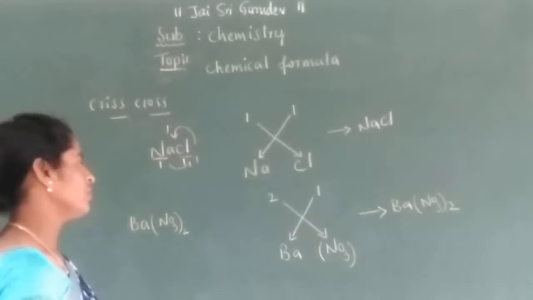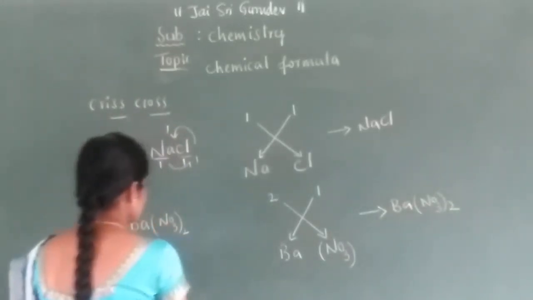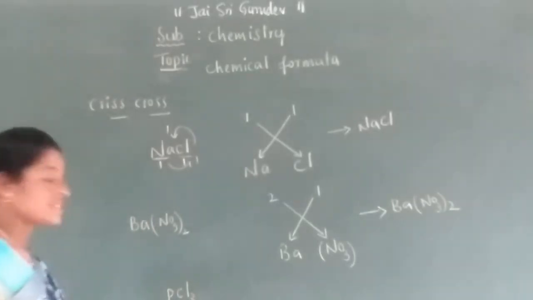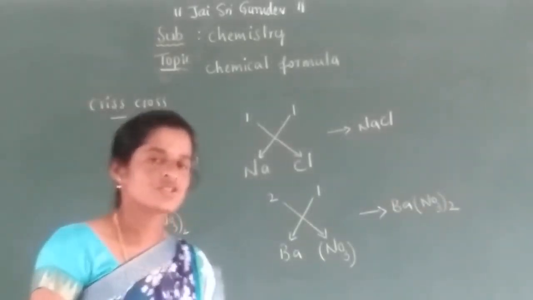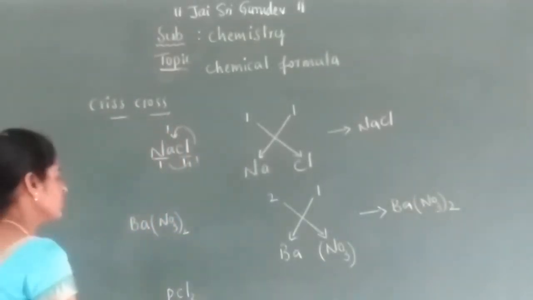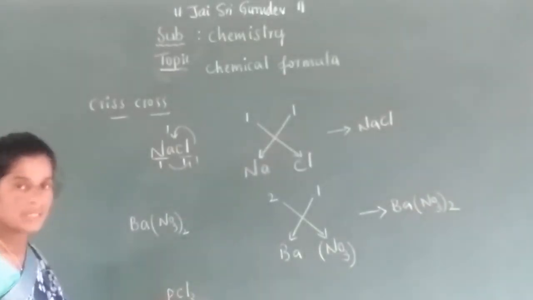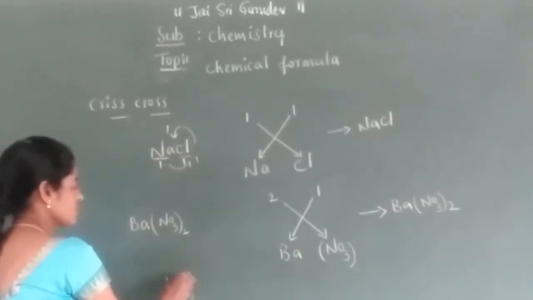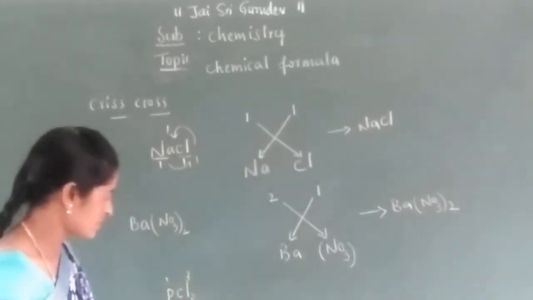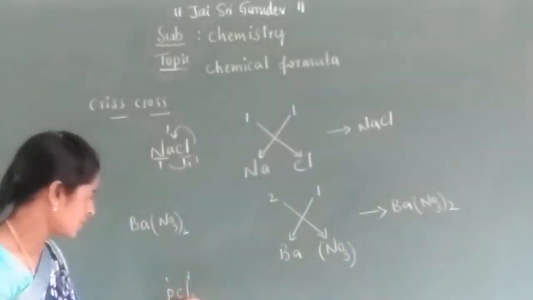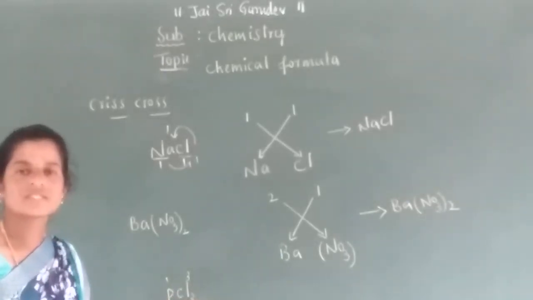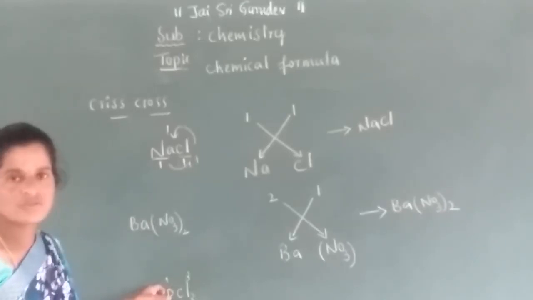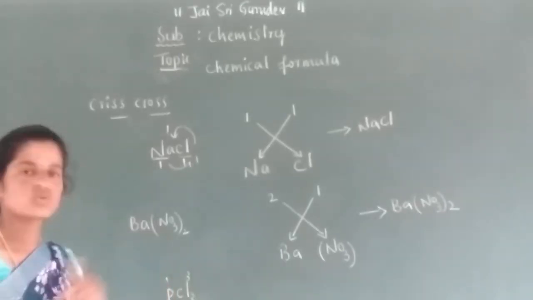So let us take one more example, PCl3, phosphorus trichloride. Here we have two radicals, one is P, another is Cl3. As P has only one and Cl has 3, the valency of phosphorus is 3 here because the number of Cl present is 3, and the valency of chlorine is 1, as the number of phosphorus present is only 1.